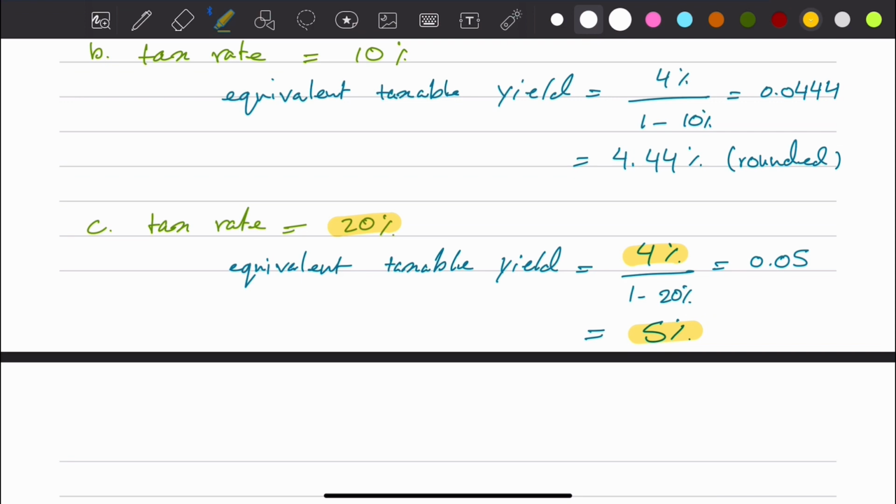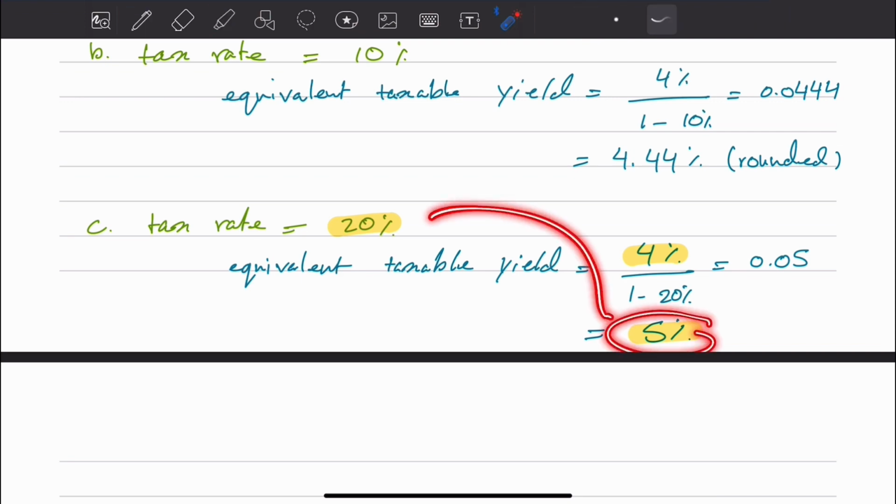Because the 5% he's going to generate, he's going to pay 20% of that to the government, and the remaining 80% is going to go to him. Okay? And the remaining 80% of the 5% is going to be that 4%. So this is the point where both the municipal bond, which is tax exempt, is going to offer an identical yield to the corporate bond.